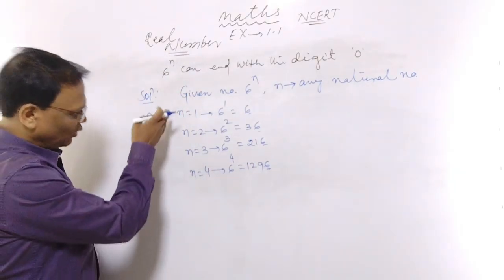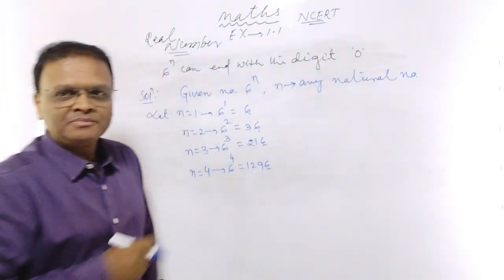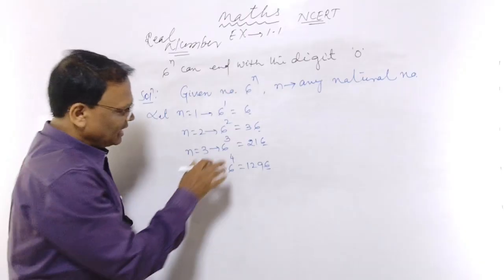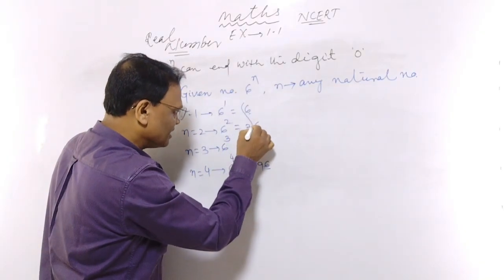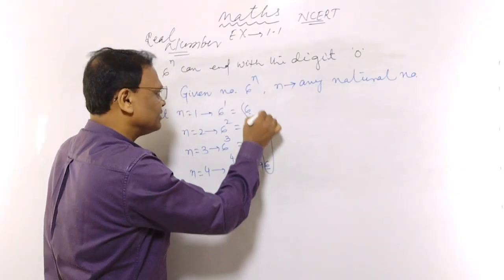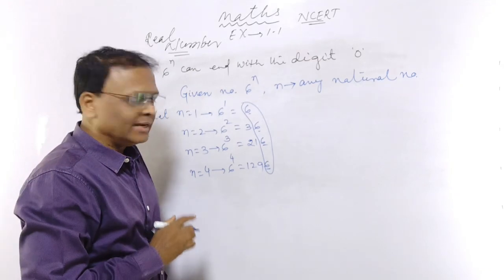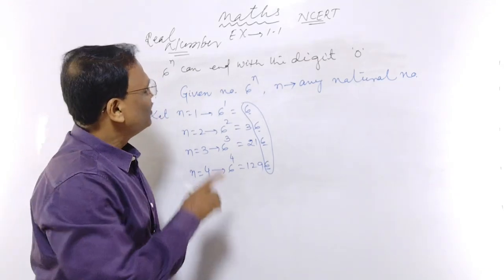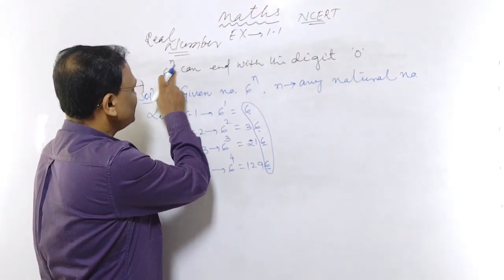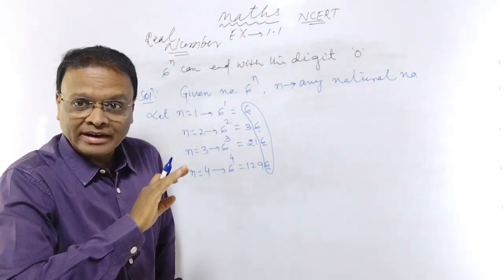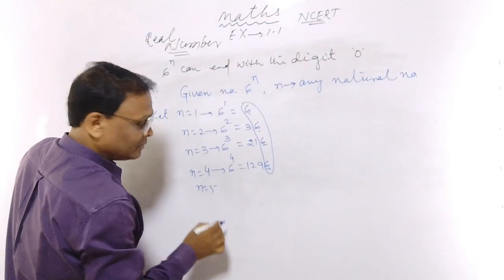If you observe, in all the cases, n equals 1, 2, 3, 4, what do you observe? In all the cases, my last digit is 6. Does it end with the digit 0? No, it ends with the digit 6. That means what he was telling us to check, whether 6 to the power of n ends with the digit 0 or not: no, never.